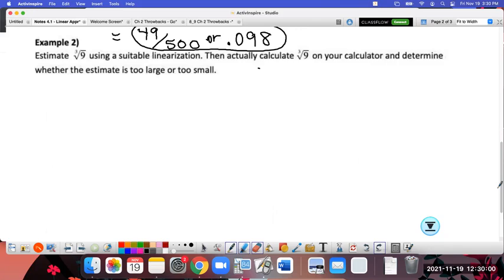When I look at that cubic root of 9, I'm assuming that the function I'm going to be using here would be the cubic root, and that I'm plugging the 9 in, which I'm going to have to take the derivative of at some point. So I'm going to write that as x to the 1/3.